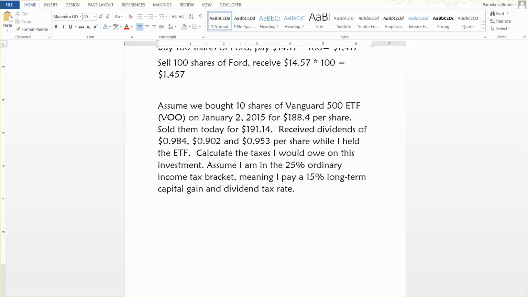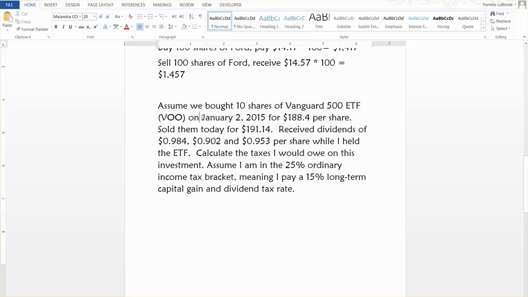So, based on this, I need to make a determination. Did I hold the shares of VU long enough for them to be classified as long term? The answer to that is no. You have to hold them for more than a year for them to be classified as long term.